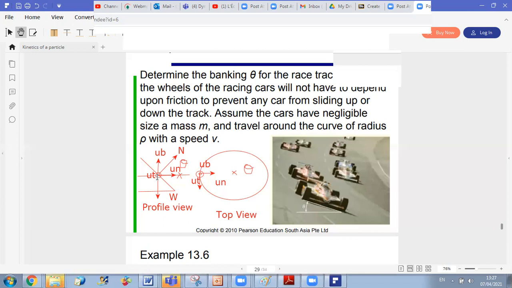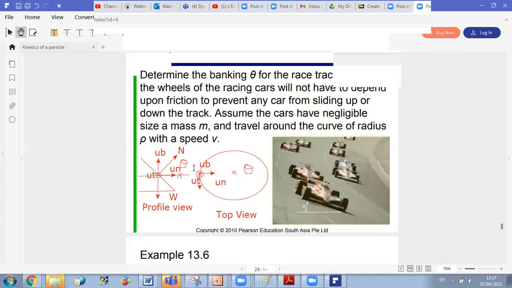Okay? So now, if I want to represent these forces in the top view, the profile view is better for you. You just do the projection, look at the profile view. But in case you want to put them in the top view, the weight will be perpendicular, pointing inward, so you can replace it by an X like this. This is the weight.